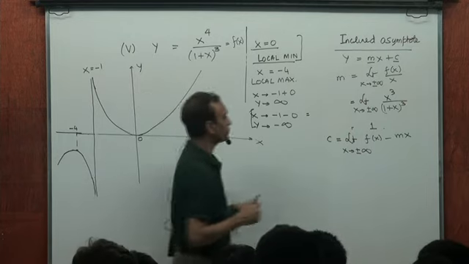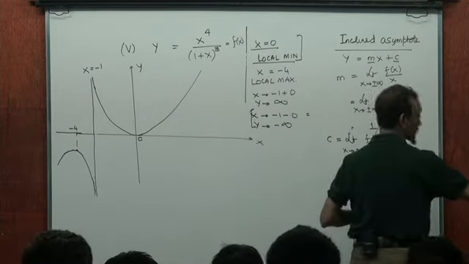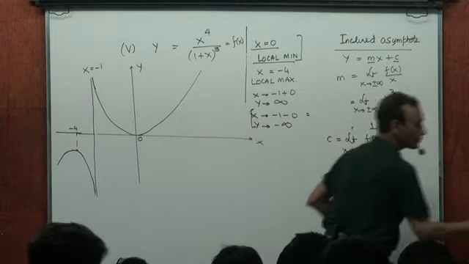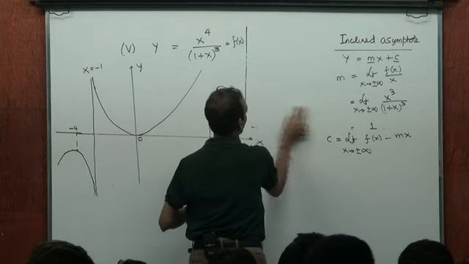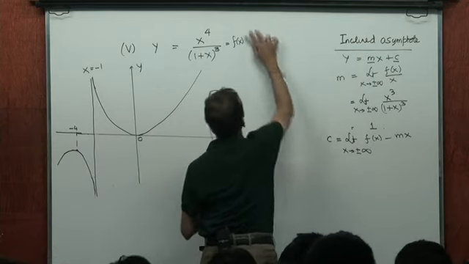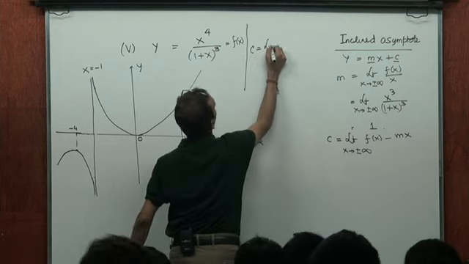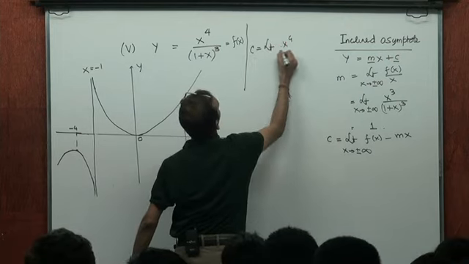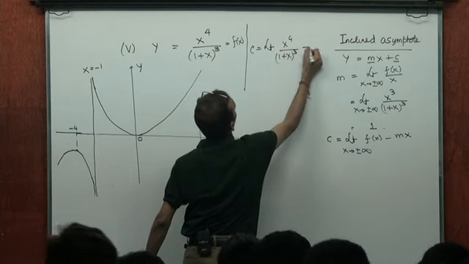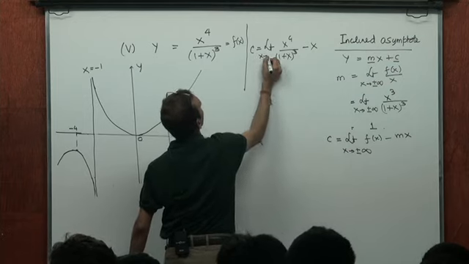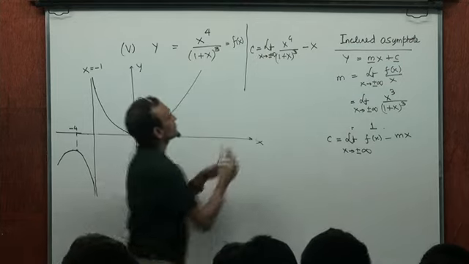Which is to say, c must be the limit of f(x), which is x to the power 4 by (1 plus x) whole cubed, minus x, as x tends to plus minus infinity.